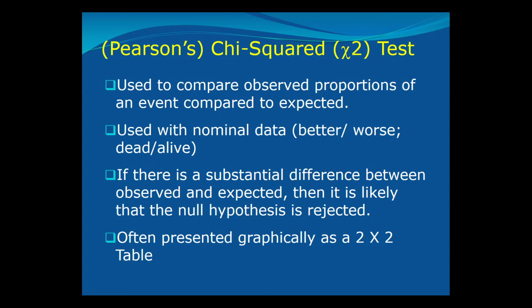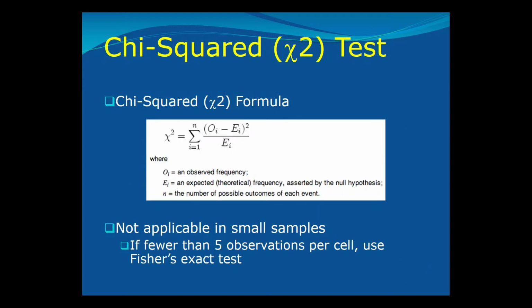Examples of nominal data: better, worse, dead, alive, and so on, or binary data. If there is a substantial difference between observed and expected, then it is likely that the null hypothesis is rejected, often presented graphically as a 2-by-2 table.